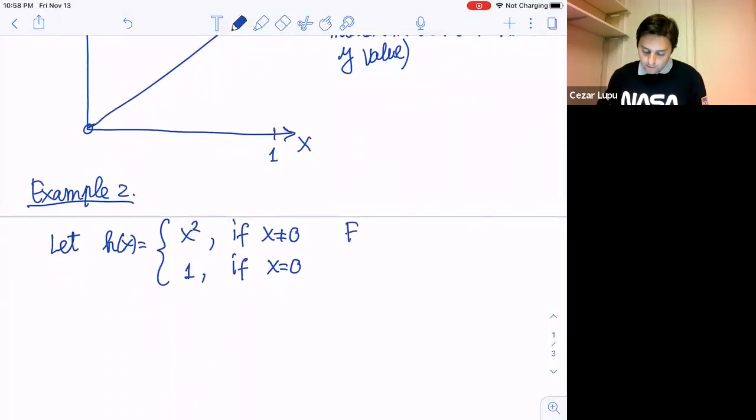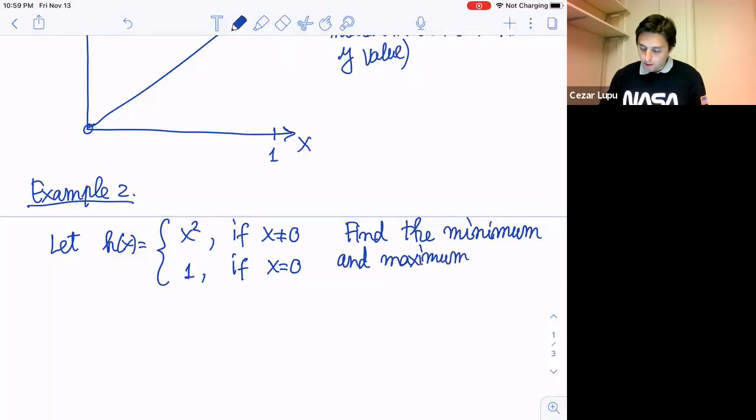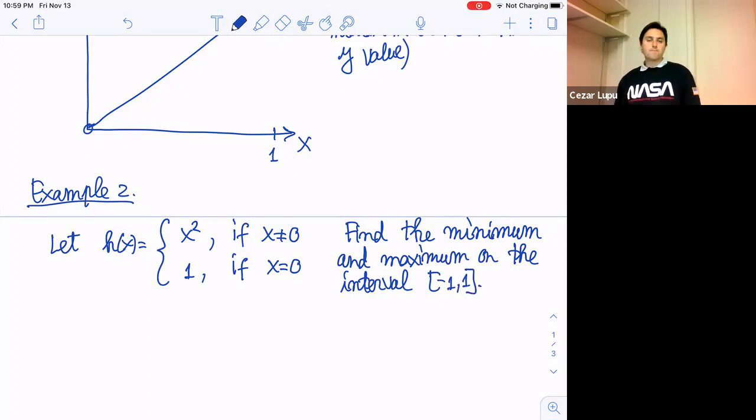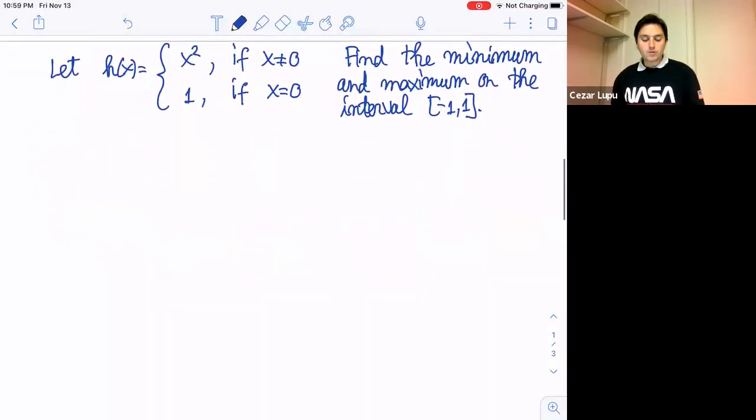And we're asked to find the minimum and maximum on the interval negative 1, 1. Right, okay. Now let's draw this function.